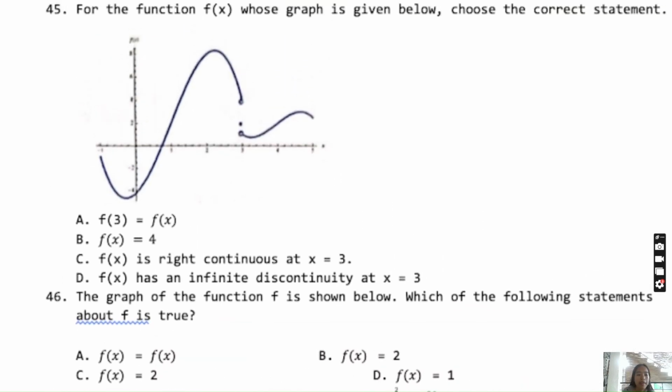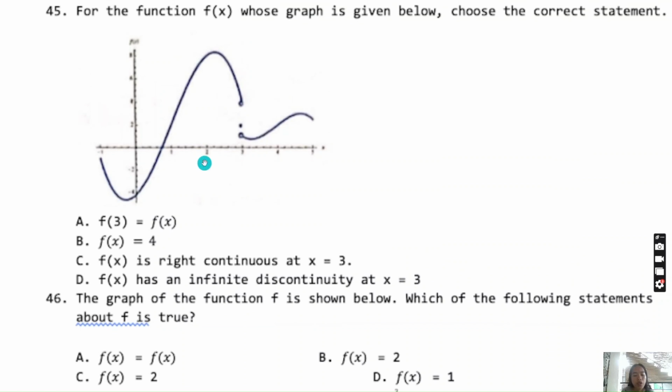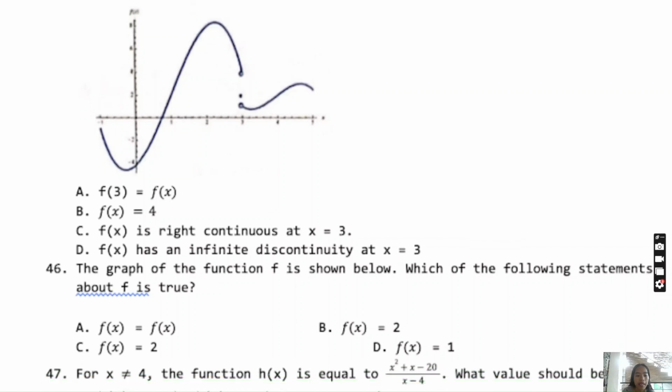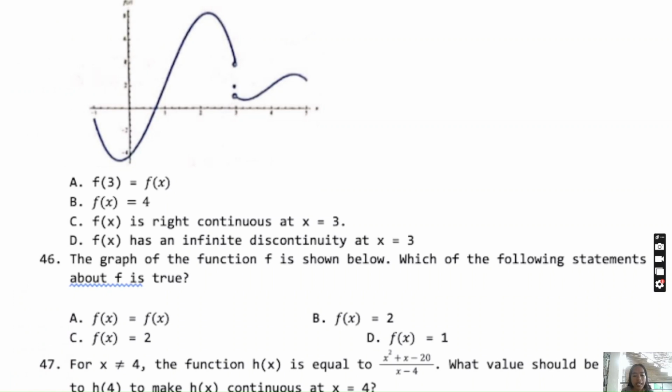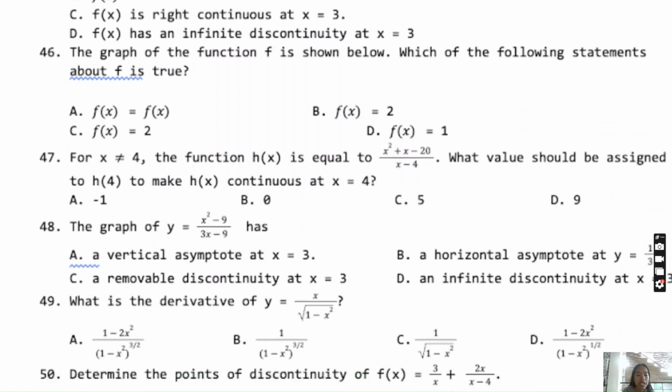As you can see in the graph, the function value matches the right hand limit at x equal to 3, and this satisfies the right continuity. That's why our answer is letter C.